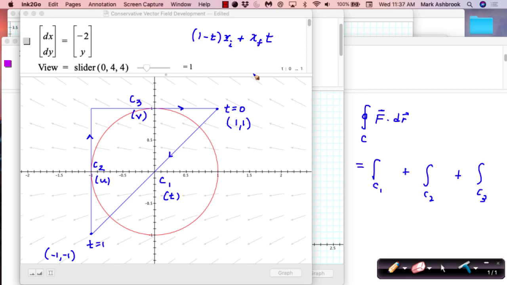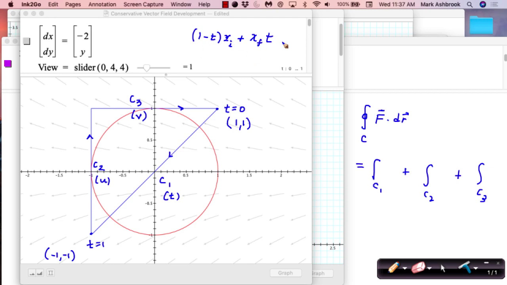So this is a technique you can use for a line segment that forces the starting point to be 0 and the ending point to be 1. Do you see that? By putting your initial value of x here and your final value of x here, if you plug in t equals 0, then you get x initial. That goes away. If you plug in t equals 1, then that goes away and you get x final.